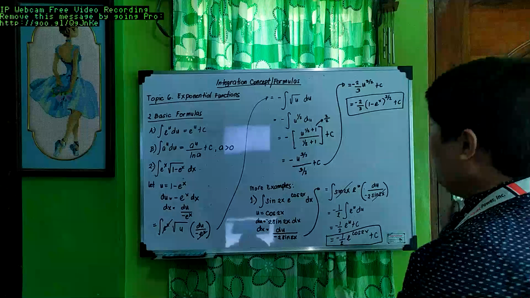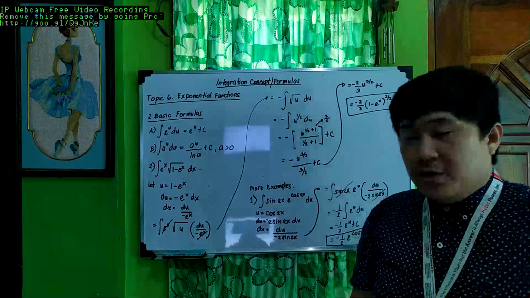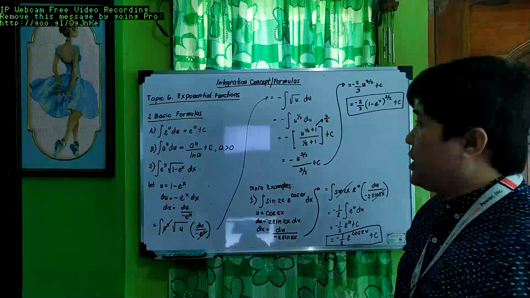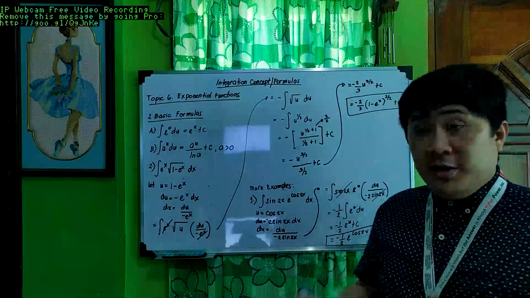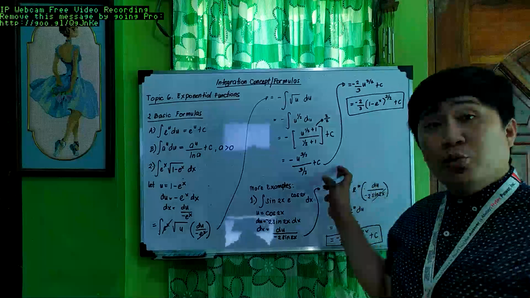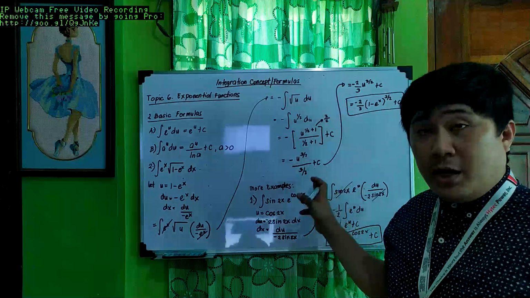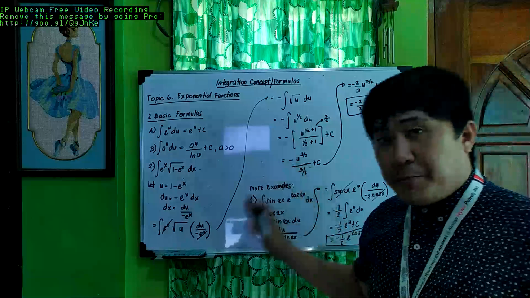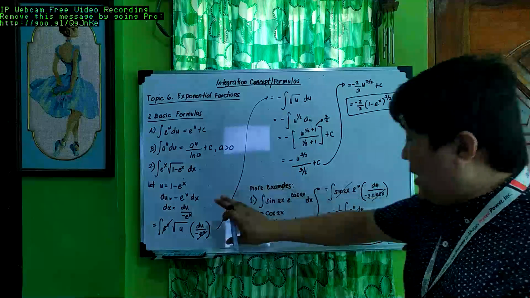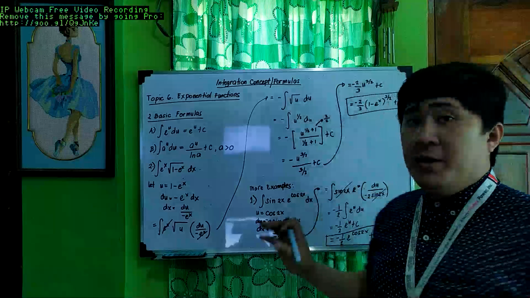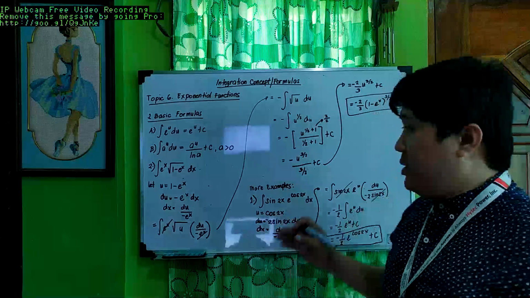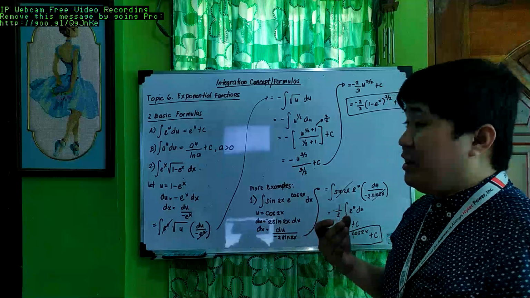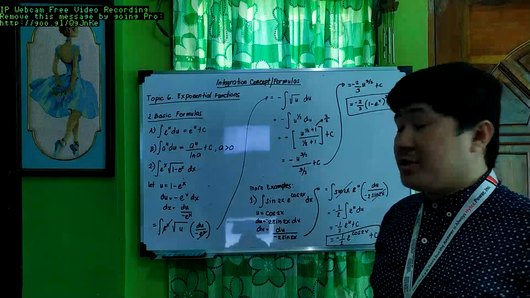So, for more examples for this topic, this is the very basic steps of doing exponential functions. For more examples, please look at our class library. There are many books there. Try to solve, but the process will always be the same. If you follow this process, it will always be the same, except if the problem needs those integration techniques.